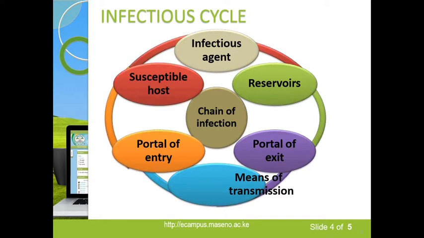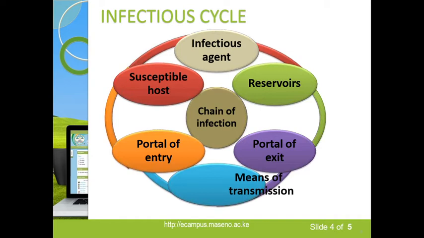Then it is important to address the infection even at that point, at the port of entry. If I want to protect myself from an infectious agent that is a droplet or airborne, I can have on my mask. It is important to protect myself.